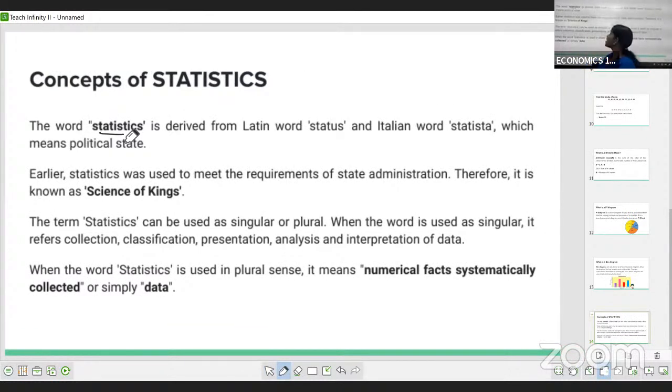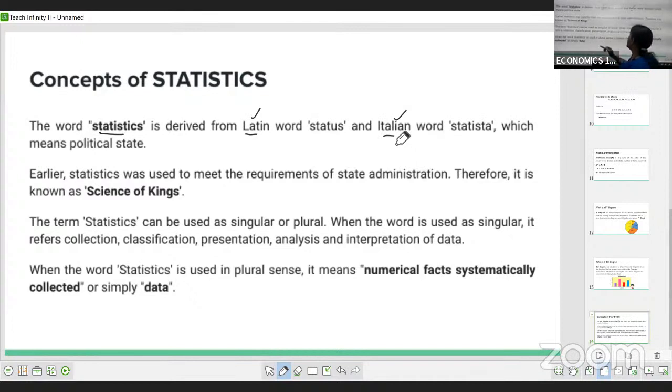This word has derived from two words. One is from Latin and another one is from Italian.